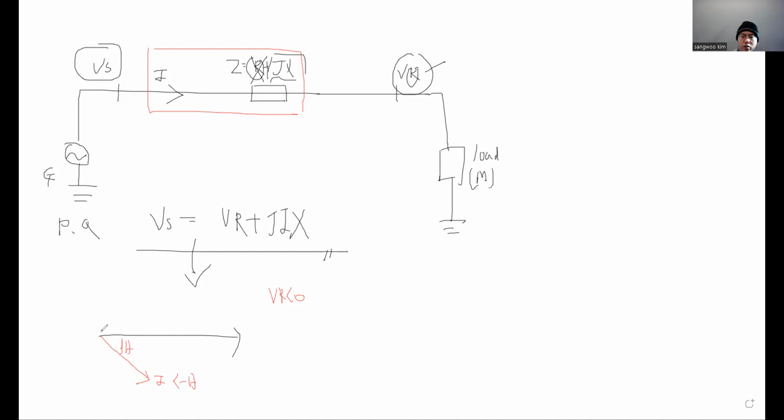And then 90 degrees, right? There are two ways, like from here to 90 degrees, or from here, 90 degrees. So jIX is 90 degrees preceding, right?